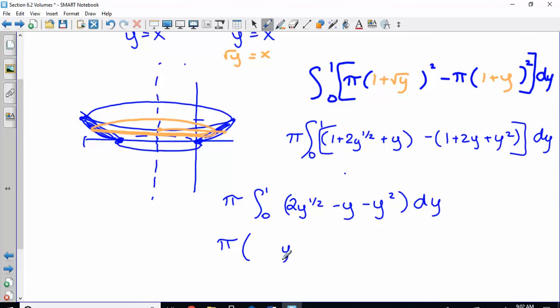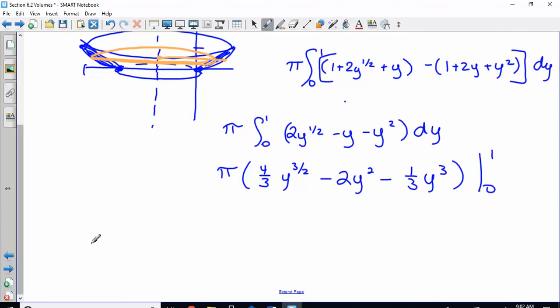Add 1 to your power, so that's why the 3/2. That means you need a 2/3 in front times the 2 that's already there, which would be a 4/3. Minus a 2y squared, minus 1/3 y cubed. Wouldn't that be a 1/2 y squared? Yes, thank you.